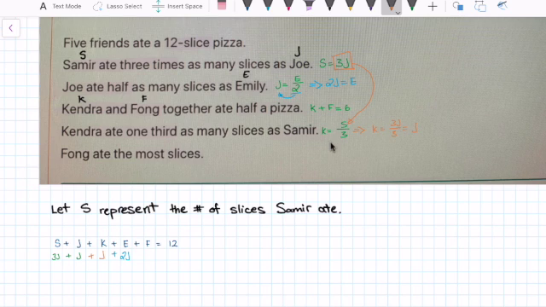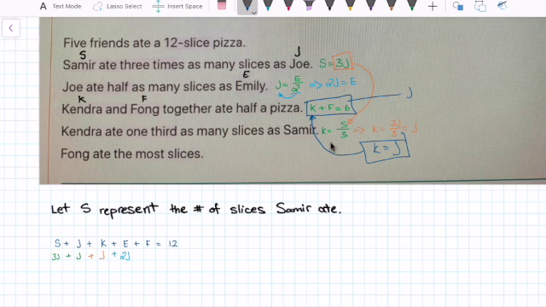But what we could do, let me use a different color. What we can do over here is substitute k equals j that we got over here into the equation.